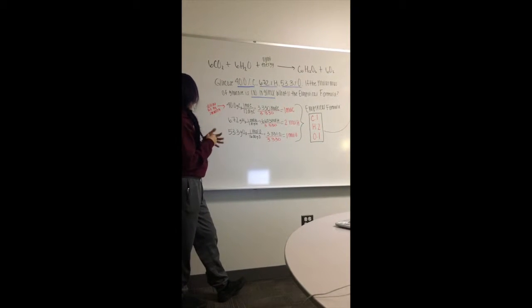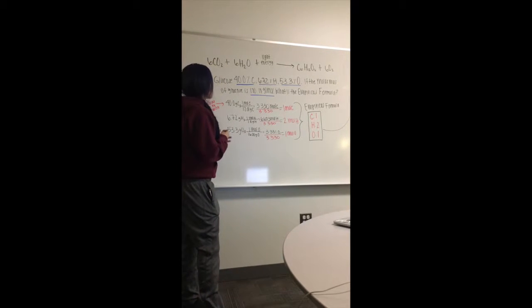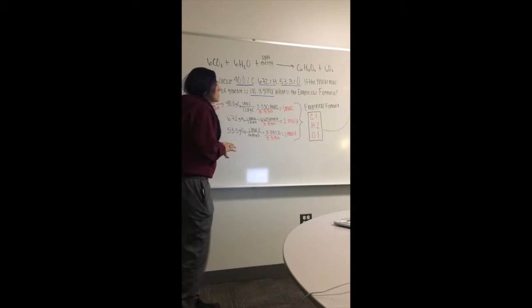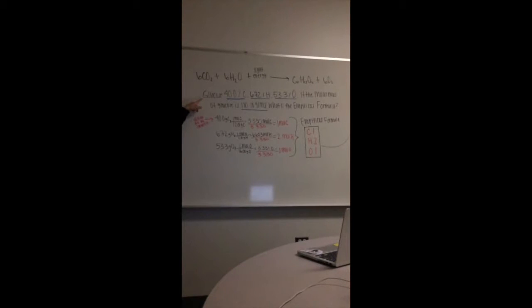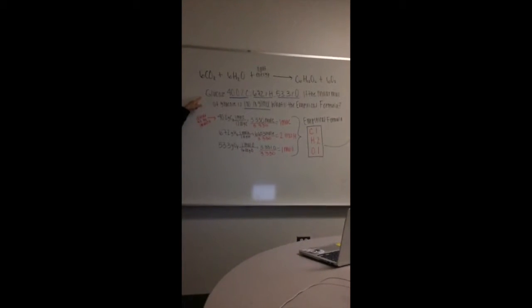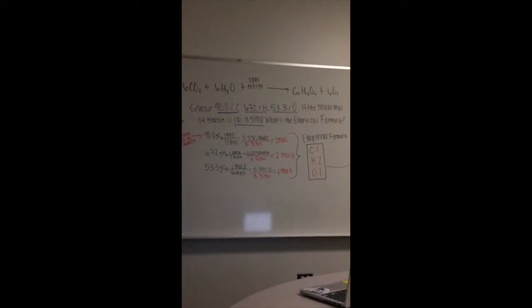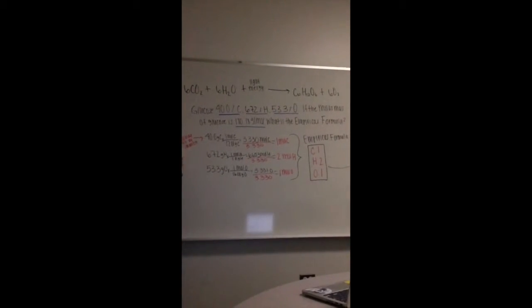Photosynthesis is 6 CO2 plus 6 H2O plus light energy produces C6H12O6 plus 6 O2. Glucose is 40.0% carbon, hydrogen is 6.72%, and oxygen is 53.3%.